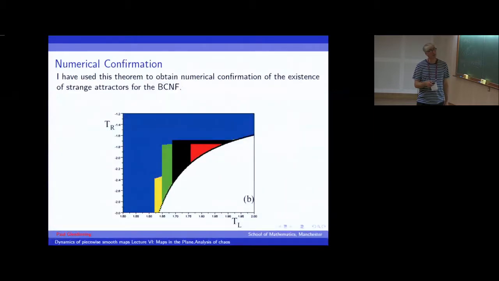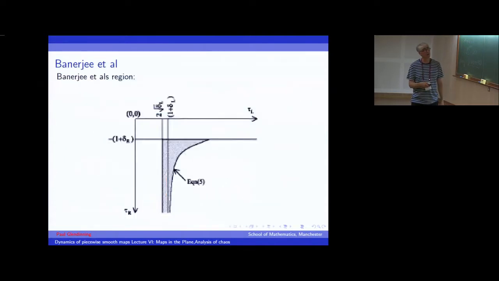And you can then check numerically where her hypotheses fit: the blue region is Banerjee and Gupte, and the colored regions are where Lai-Sang Young's conditions hold. Now we've got extra information, we've got invariant measures, we've got nice structures in those regions.